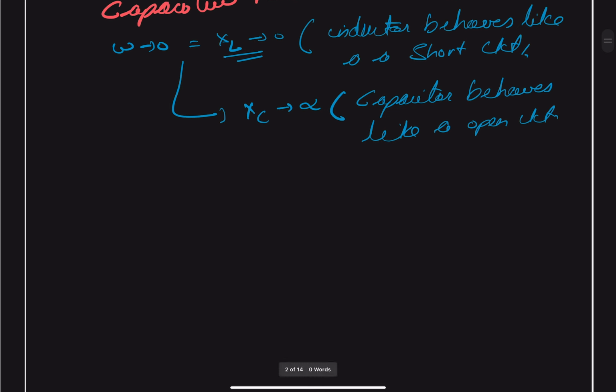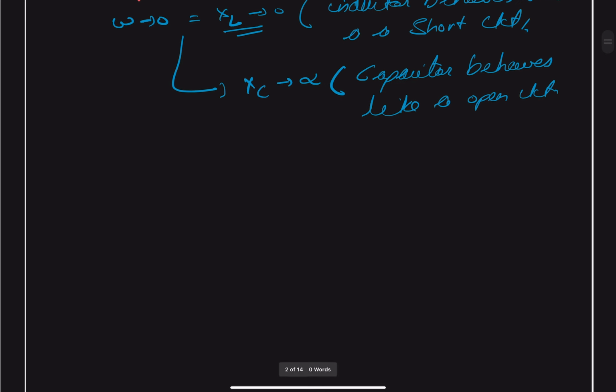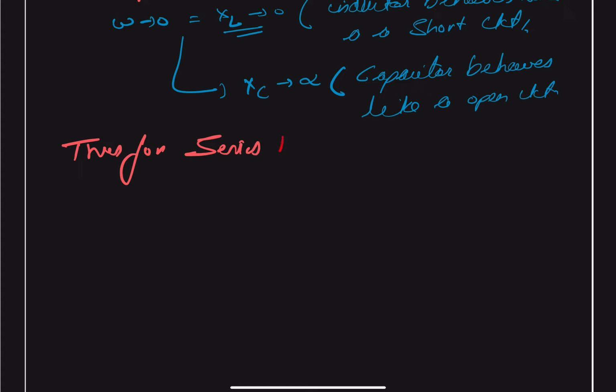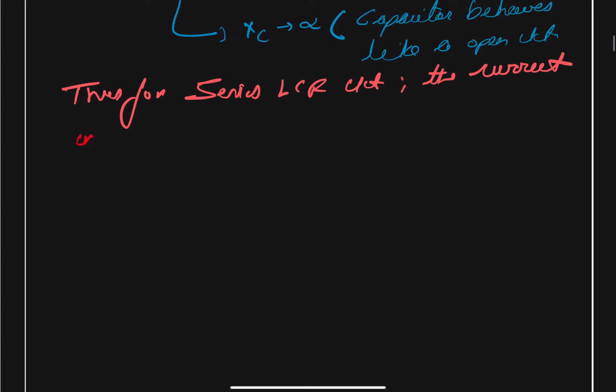So we can say that thus for series LCR circuit, the current in the circuit becomes nearly 0.